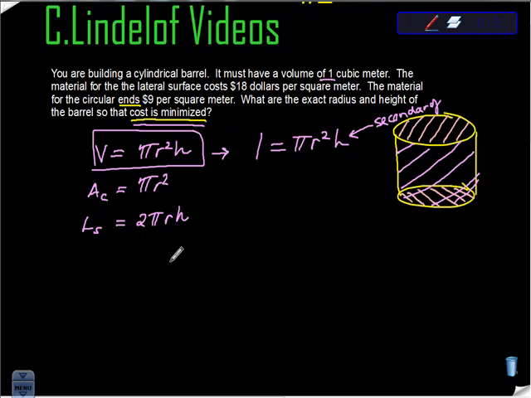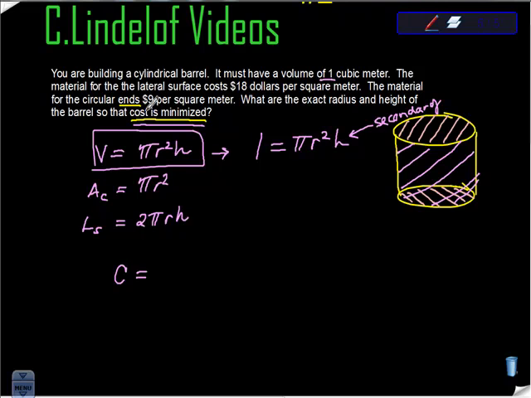Then I'm going to start writing the primary equation, and the primary equation has to do with the cost. The cost of this barrel that we're building is associated with two things: the cost of the lateral area and of the 2 ends. So 2 pieces.